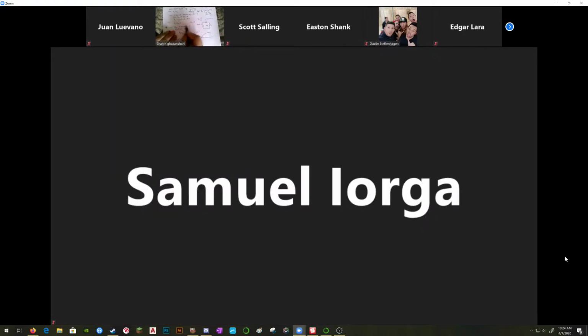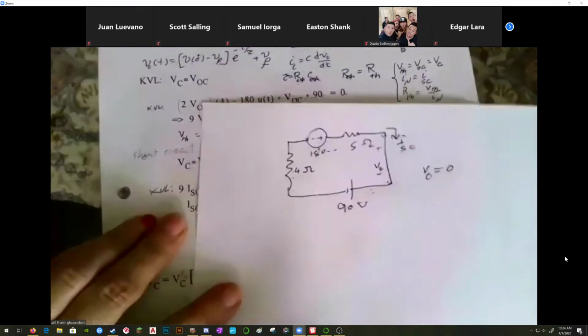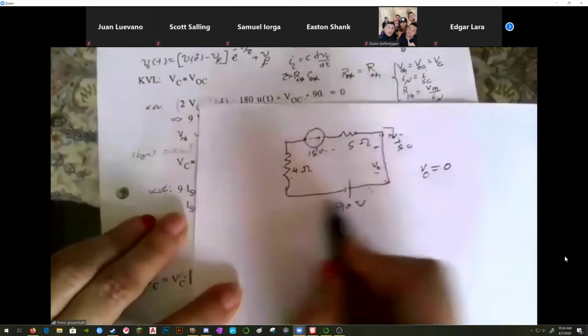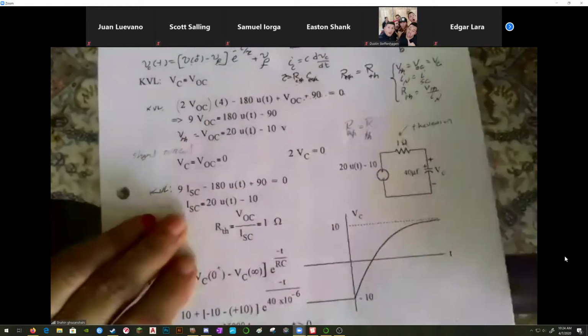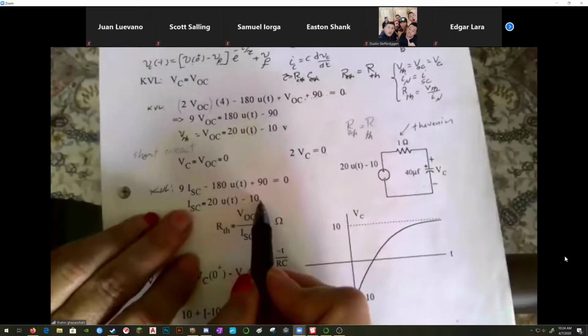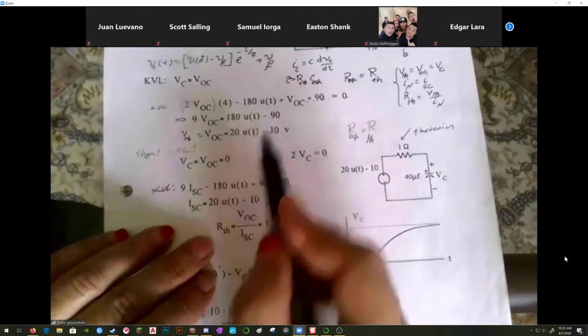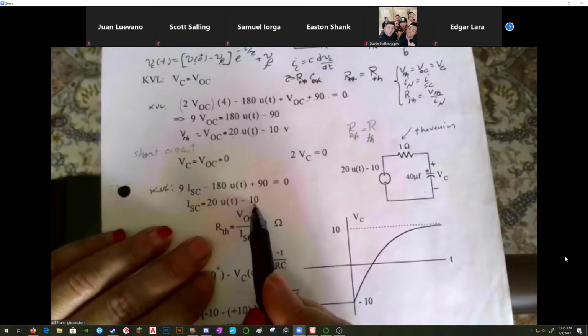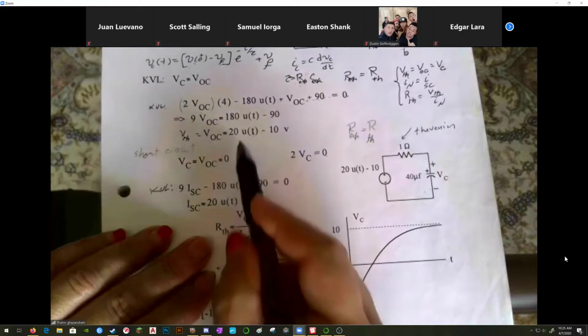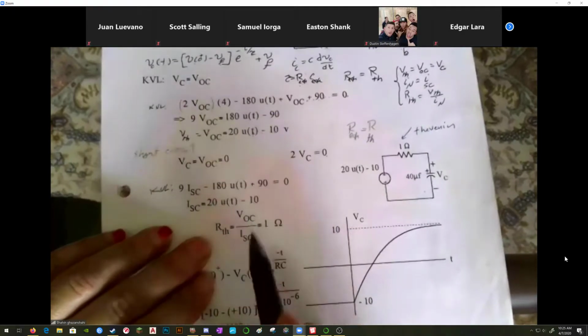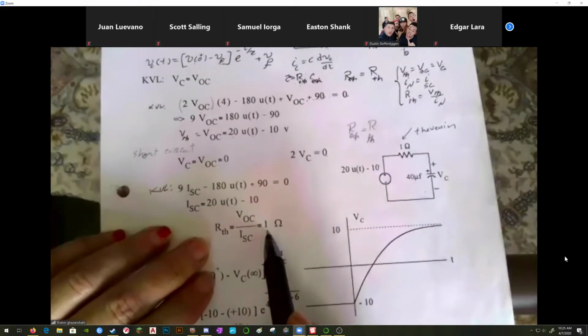So from here, you have one equation here. You apply KVL to this loop. So you got short circuit current. Okay, so what is R Thevenin? V Thevenin over short circuit, or I Norton. So when I divide these two together, you get R Thevenin is 1 ohm.